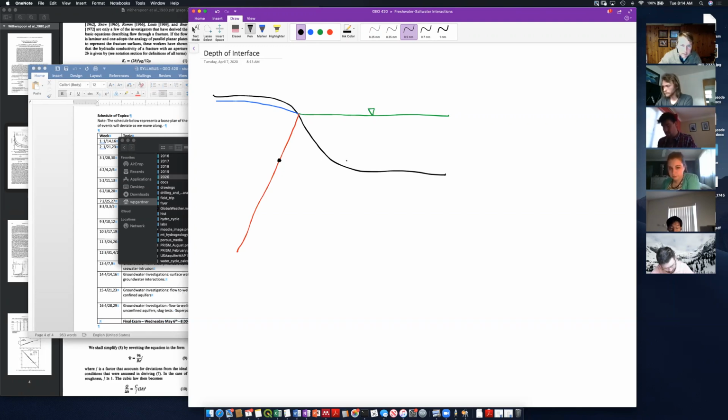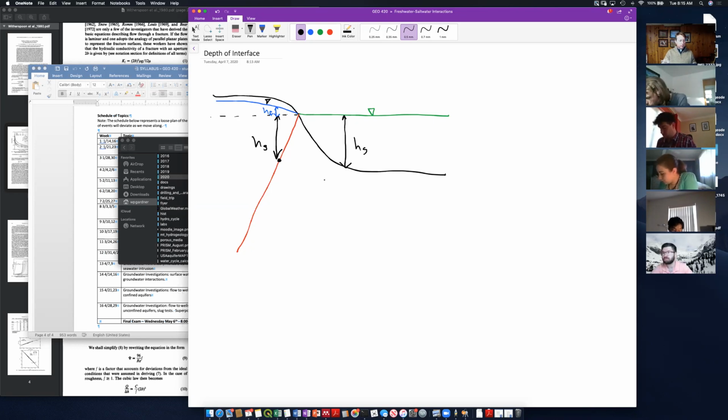And let's say that this point, here is the height of the salt water, H sub S. And the height of the fresh water above that point is going to be equal to H sub F plus H sub S. All right, so the freshwater interface has this height H sub S plus H sub F, and the saltwater just has the height H sub S above it.